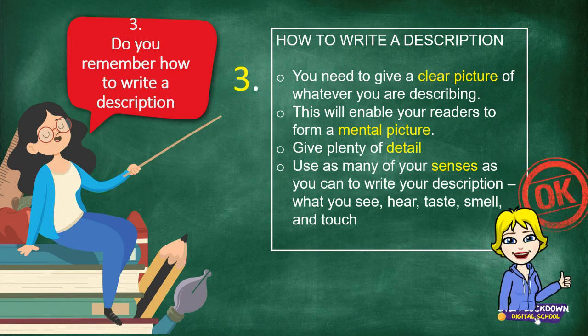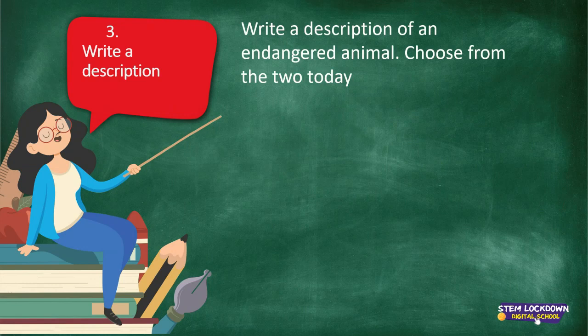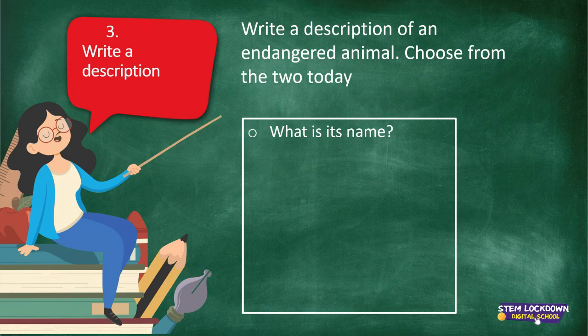So, remember all that? So what I'd like us to do now is to write a description of an endangered animal and just choose from the 2 we heard about now, the gorilla or the orangutan. So what I want you to do is to write its name in a sentence.